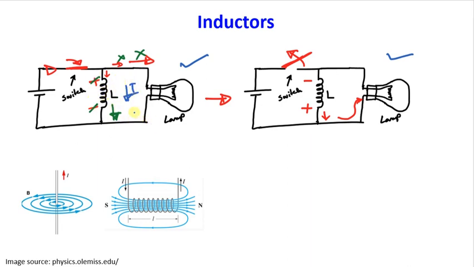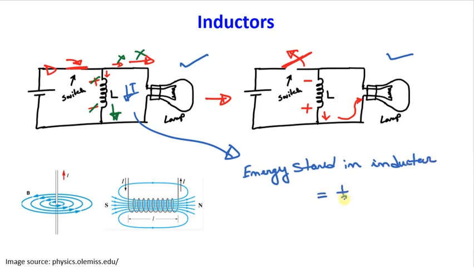Then what would be the stored energy? That is half L I square. So that will be the amount of energy stored in an inductor when a current of magnitude I is flowing through it.